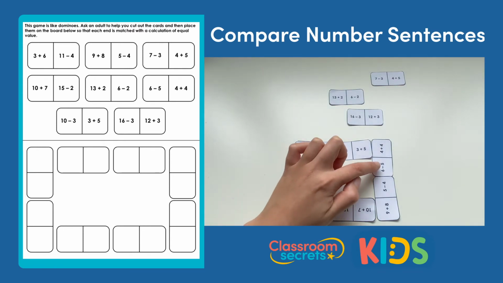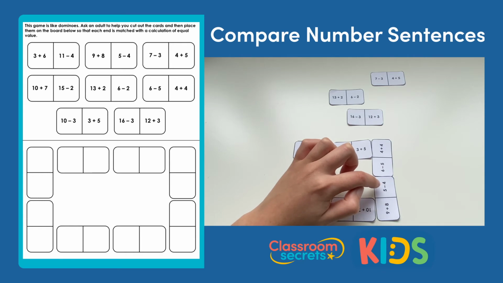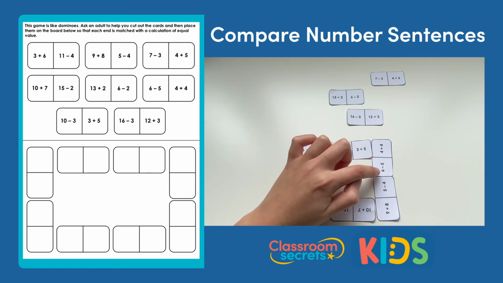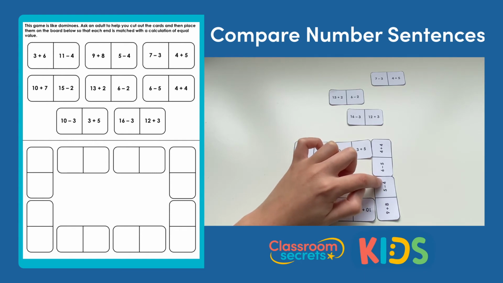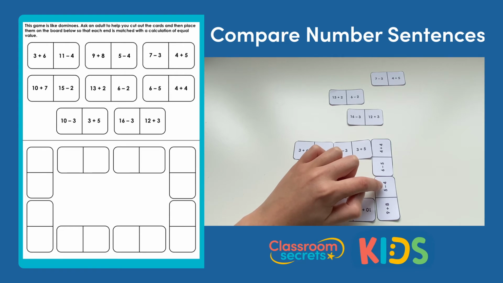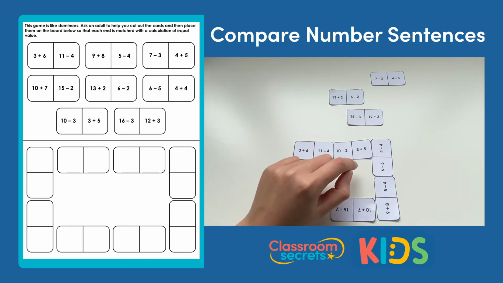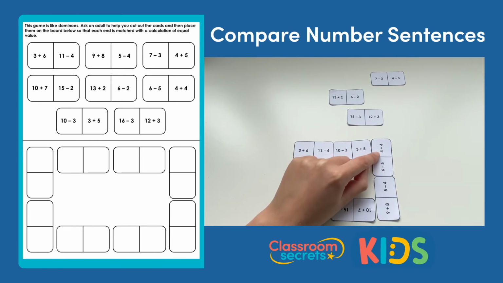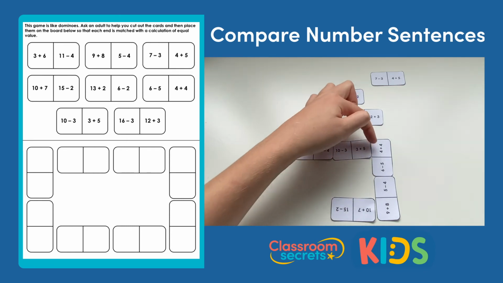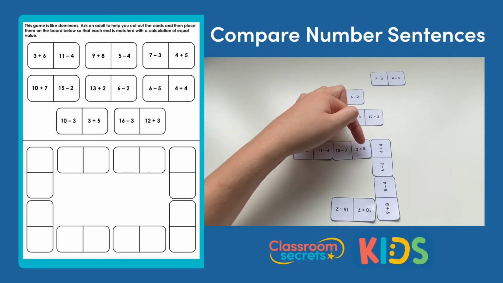So if we looked at 6 take away 5 and 5 take away 4, both these digits are 1 less than the numbers in the first calculation. 5 is 1 less than 6 and 4 is 1 less than 5. So both the numbers are 1 less. In an addition, so if we looked at 3 plus 5 and 4 plus 4, the first number is 1 more, 4 is 1 more than 3, but the second number is 1 less, 4 is 1 less than 5.